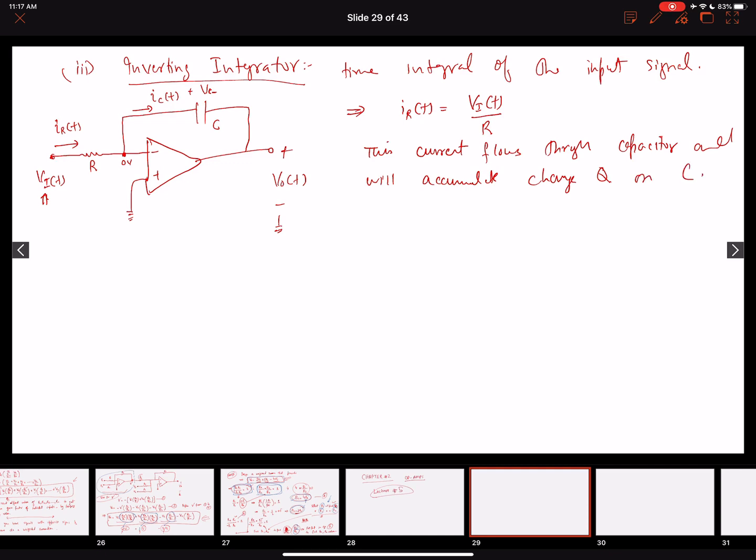So this current IR of t is going to flow through the capacitor and accumulate the charge.